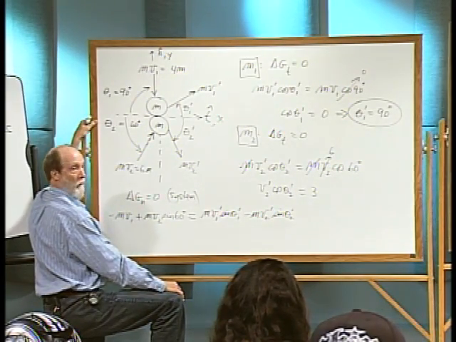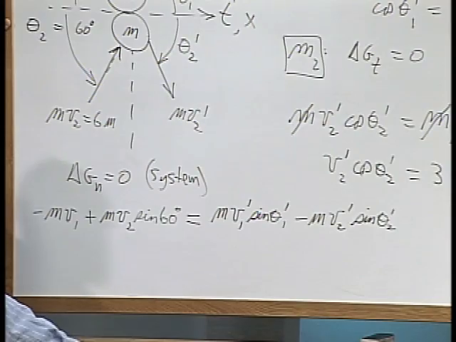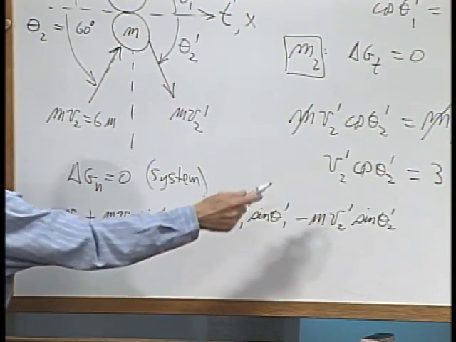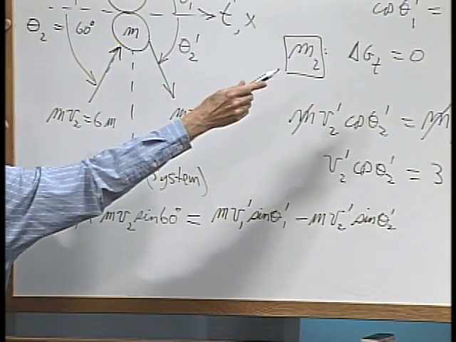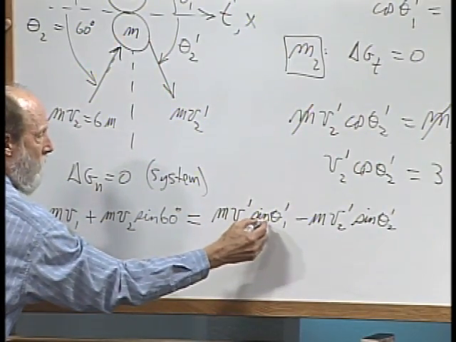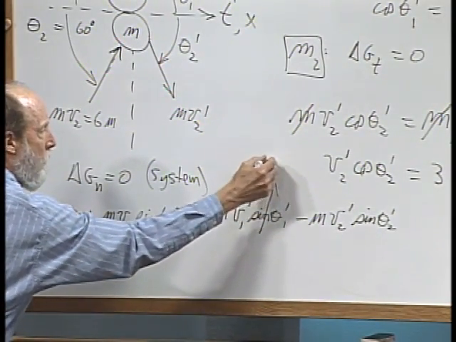But things get a little simpler because of a piece of information we learned earlier, that theta 1 prime over there was 90 degrees. So theta 1 prime is 90 degrees, so this term goes to 1.